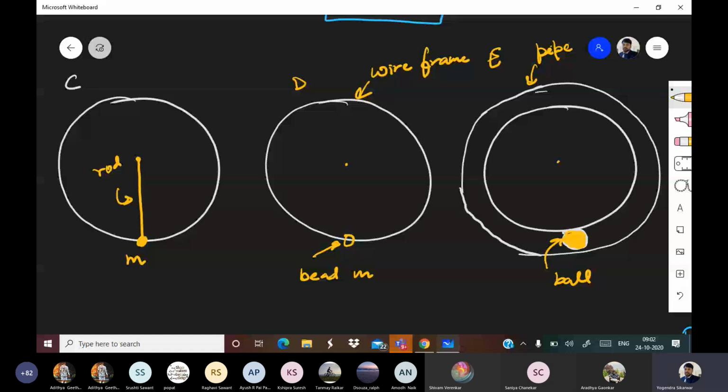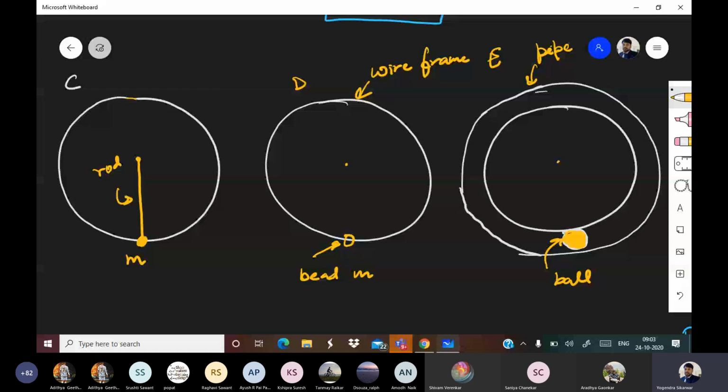So whether it is C or D or E, in all three cases the object cannot leave the vertical circle at all. Its motion will remain only in the vertical circle. So C, D and E are almost similar.